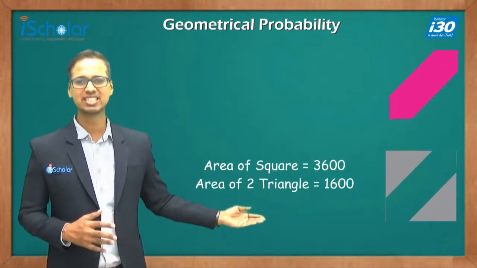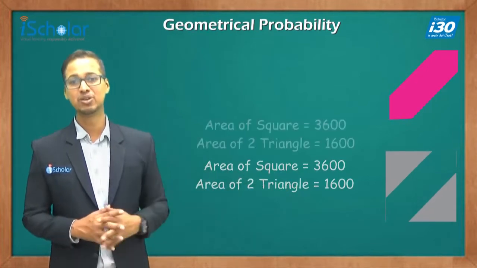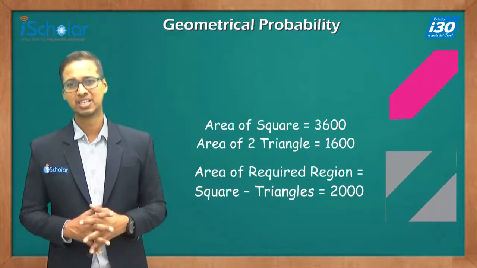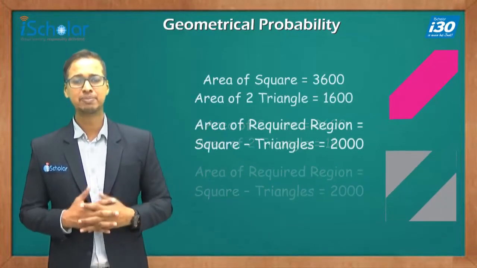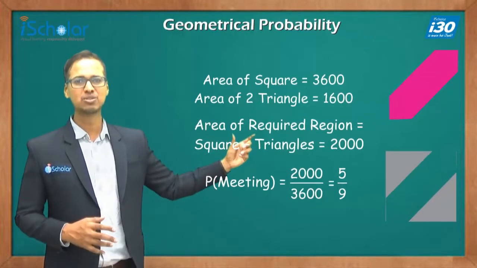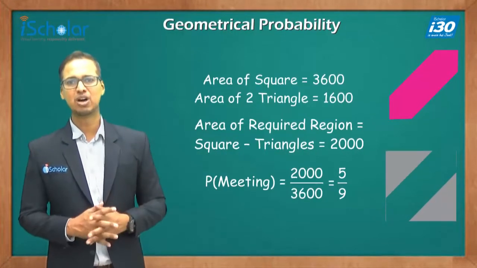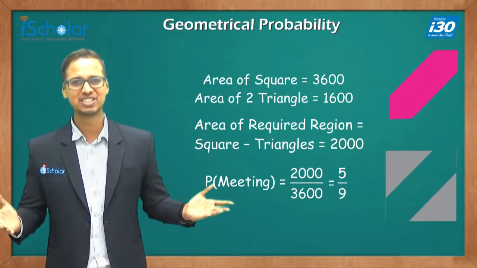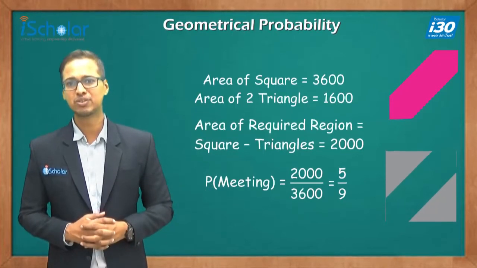So subtract 3600 minus 1600, and you will get 2000 as the required area of this strip. So the total probability that me and my friend meet at the coffee shop would be 2000 divided by 3600, which is going to be 5 by 9. Simple. So we solved this by using geometrical probability.